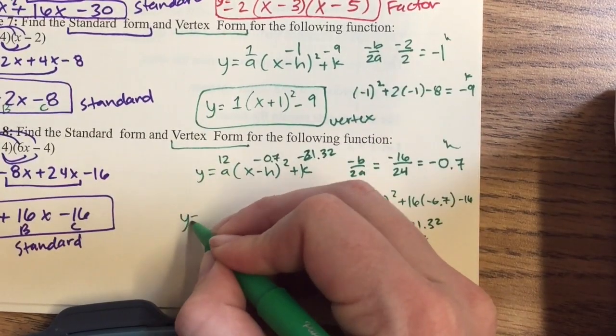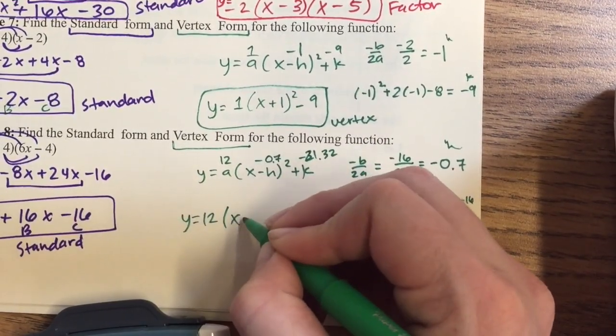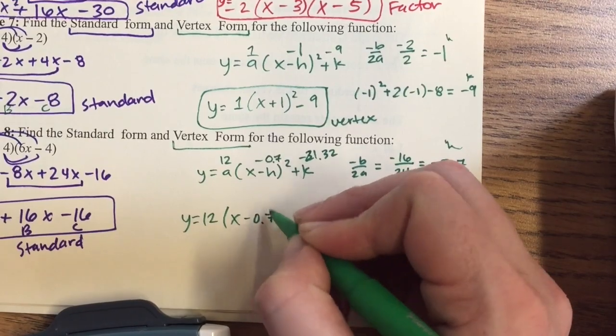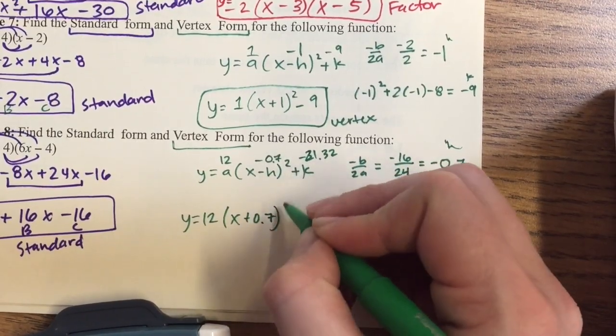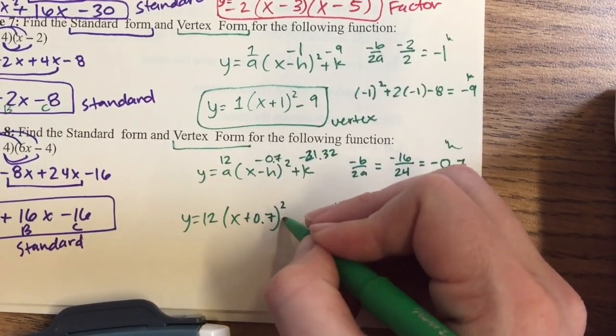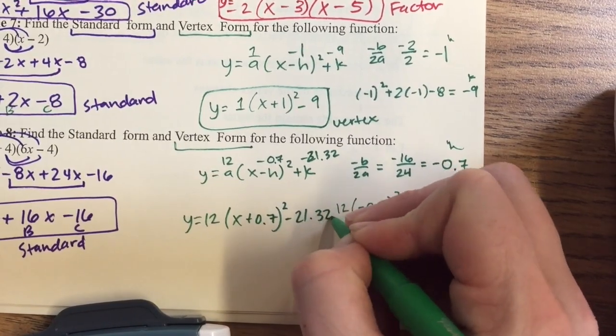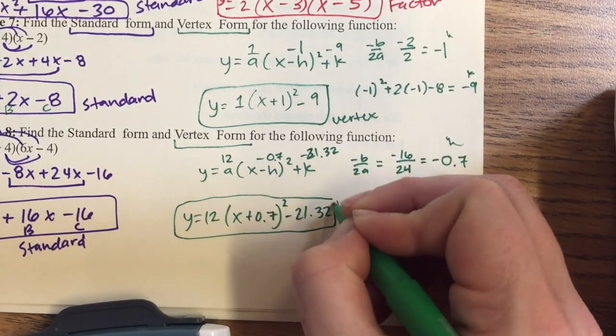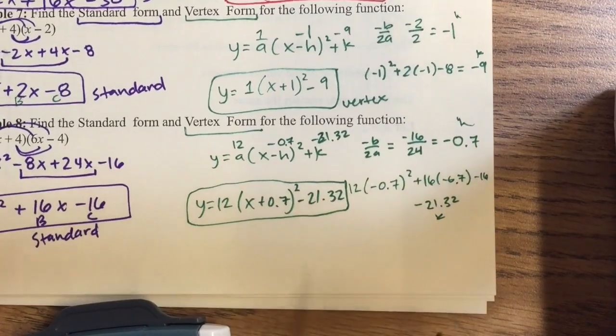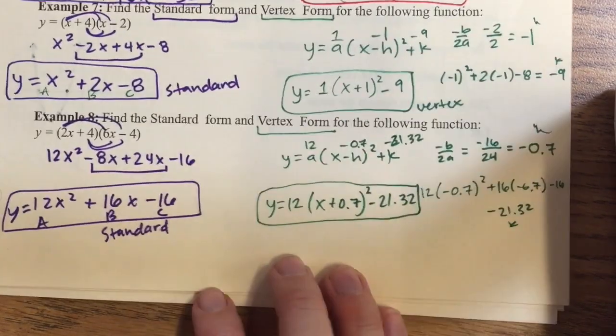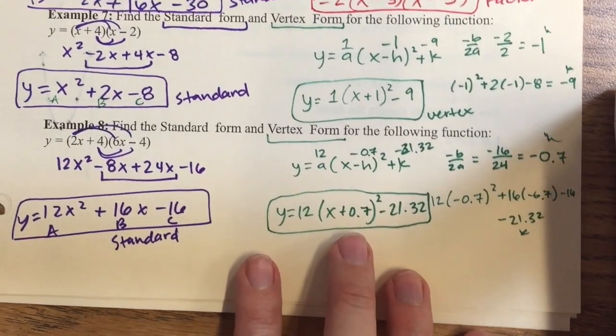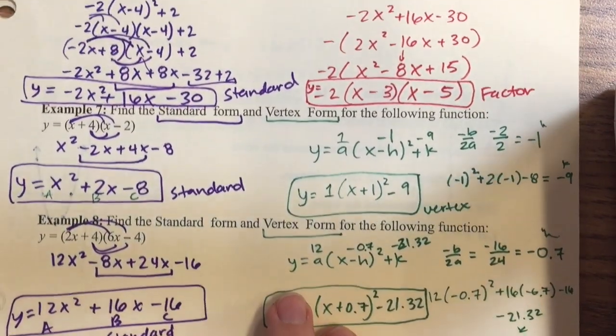So I get y equals 12(x minus 0.). Two negatives make a plus, squared minus the 21.32. And on your assignment, you won't have decimals like that in vertex form, but that's how you do it if there are decimals. That is how you will be changing between forms with quadratics.